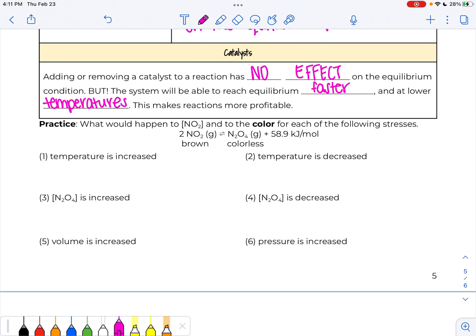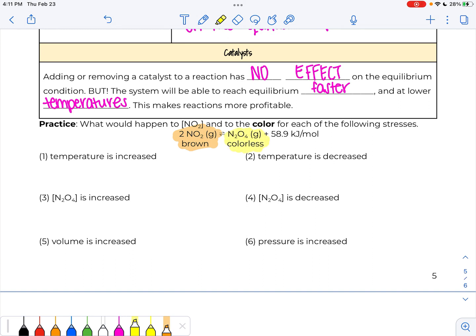All right, so what you're going to do is take a look at this last question here and get some practice in. So what this is saying is that the left-hand side, the reactant side of this reaction, NO2, has a brown color to it when there are more reactants than products. If your reactants are favored, you'll see brown.